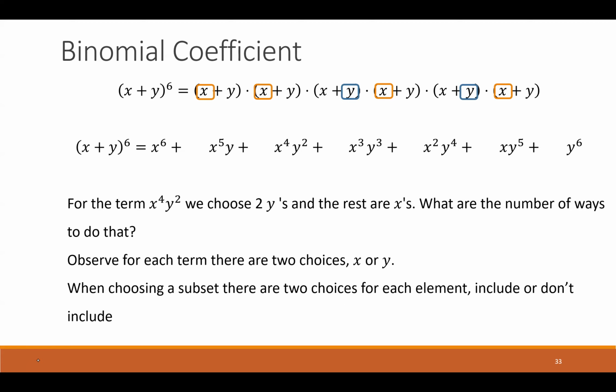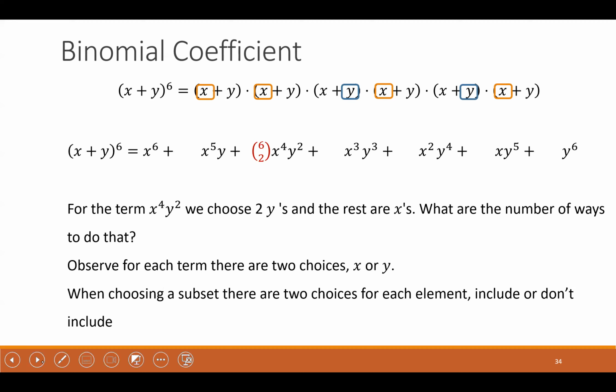From the other 2, I take the y. So my binomial coefficient in this case, well, I did it the opposite way: I chose 2 of the 6, but they're the same thing. I chose 2 of these factors to take the y from, and from all the rest I took the x. So the coefficient here is 6 choose 2. Does that make sense? Any questions?